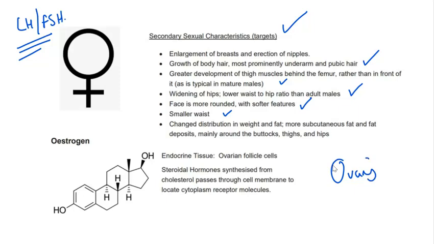In particular, the initial targets of LH and FSH are the primordial or primary follicles within the ovary. So these are structures something like this. They are sphere-like structures of diploid cells within the ovary, and within that is the actual egg cell.